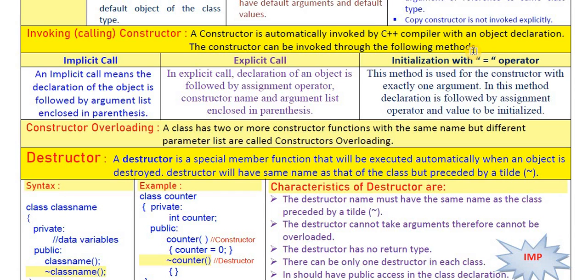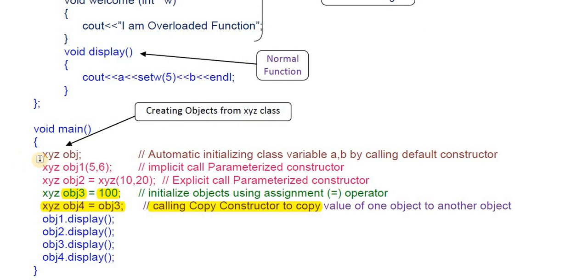So there are 2 points. The constructor is called automatically when we create an object. Here in the first line we are creating an object. XYZ is the name of the class, obj is the object. When we write like this, the compiler will create an object and automatically call the constructor.